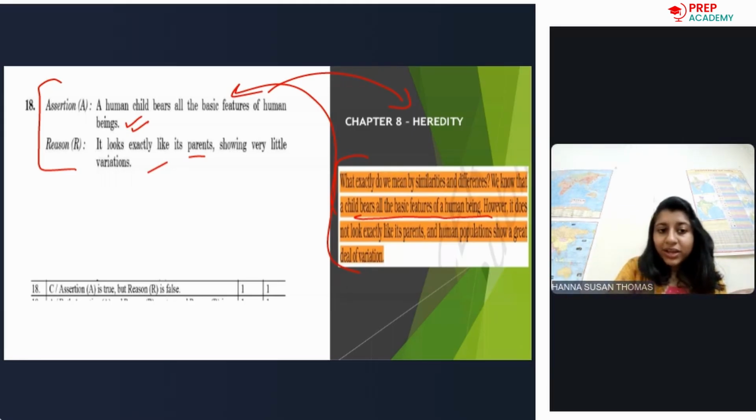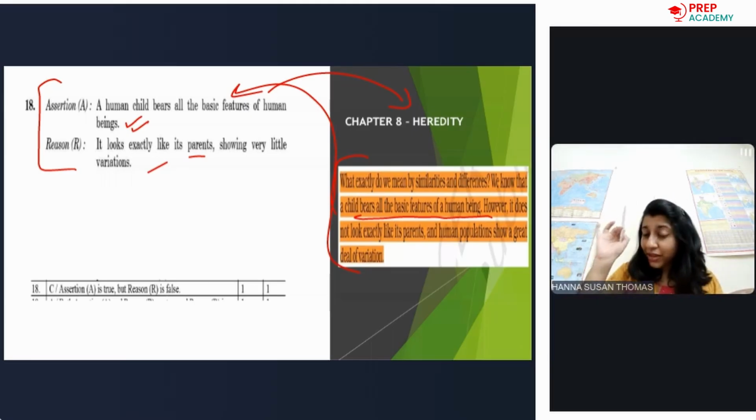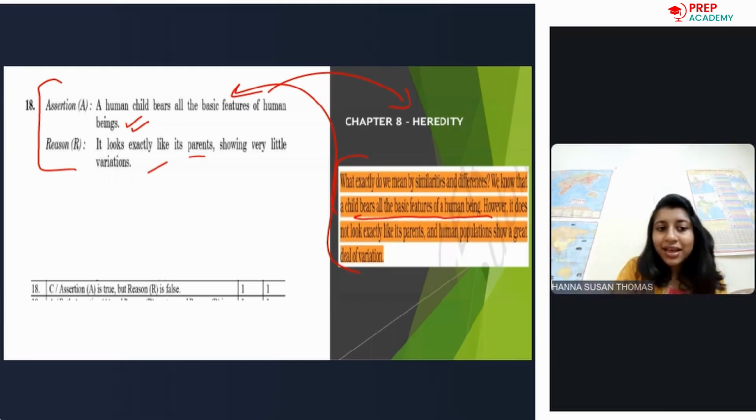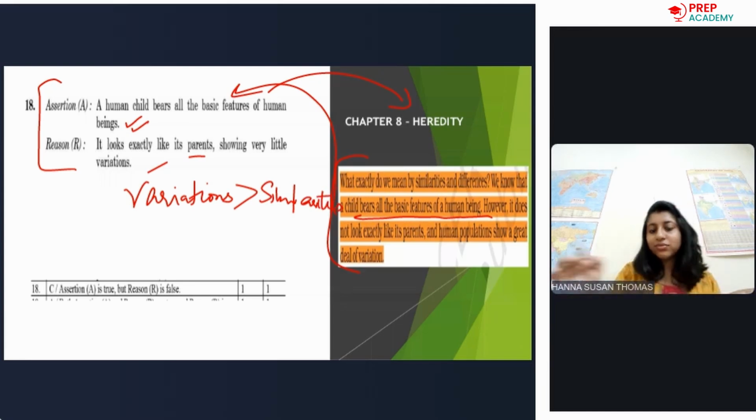So you can say that in the majority of cases, that means 99.99 percent of cases, variations are greater than similarities. Although we all show similar characters to those of our parents, we are different from our parents, right?